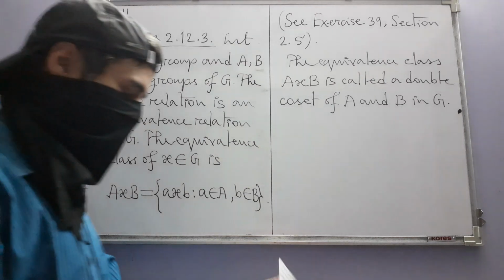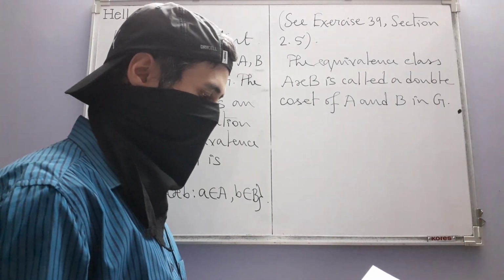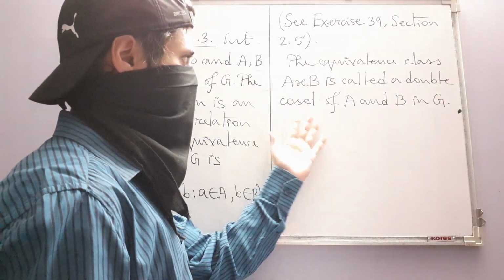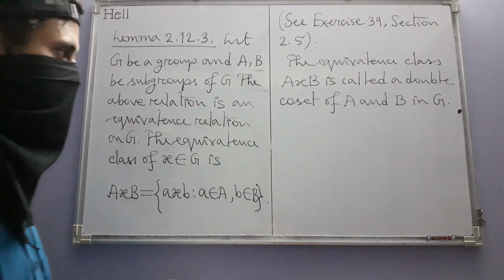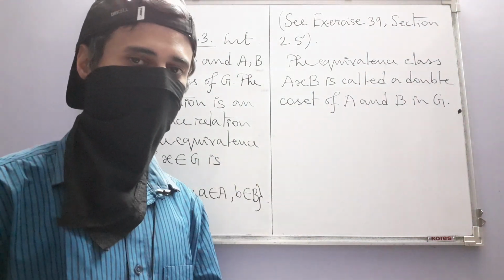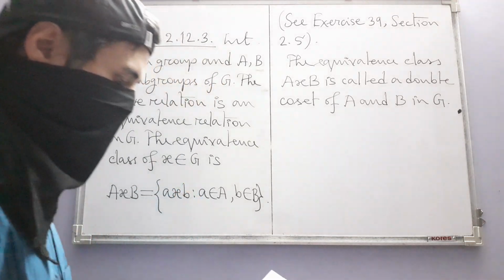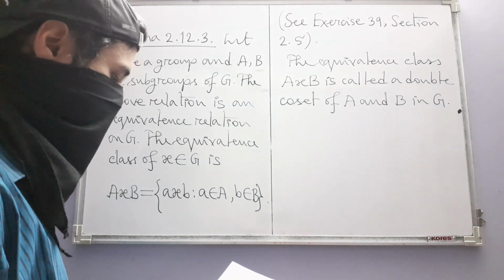Now there are some things that one can say about these double cosets, provided A and B are finite subgroups of G. So we are now coming to that.